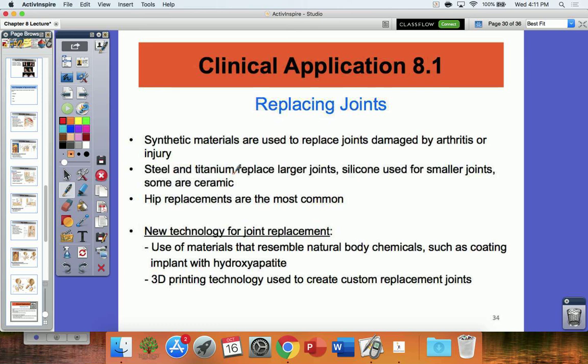It could be from just normal wear and tear. It could be from arthritis. And so they go in and replace those joints with maybe steel, titanium or silicone, to help replace whatever is worn down.